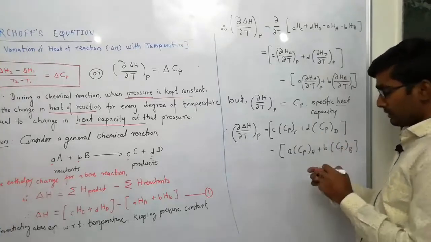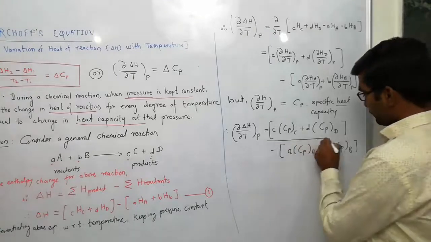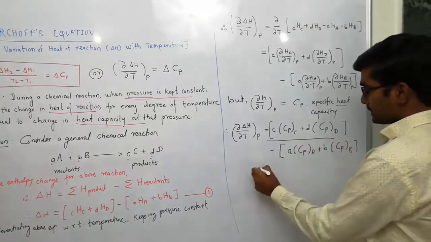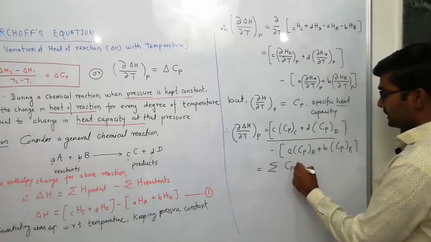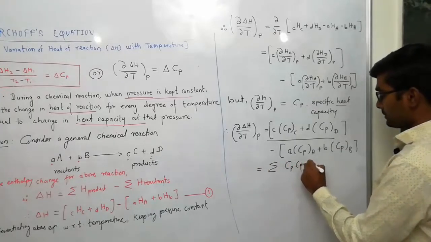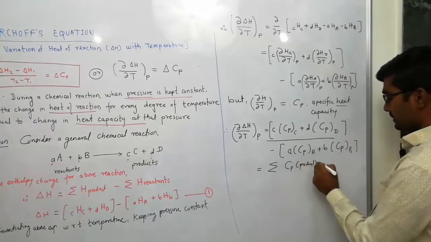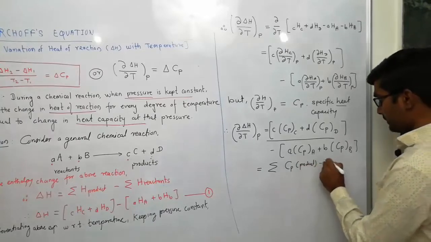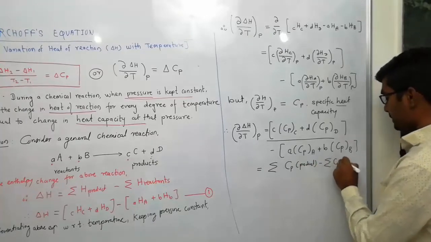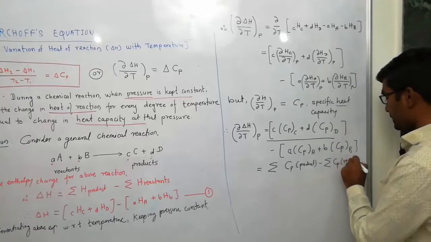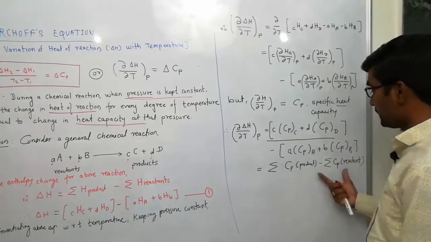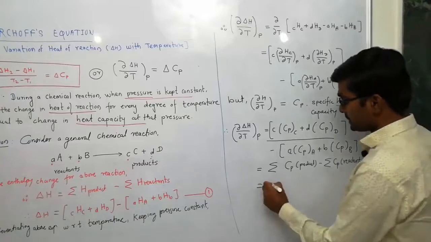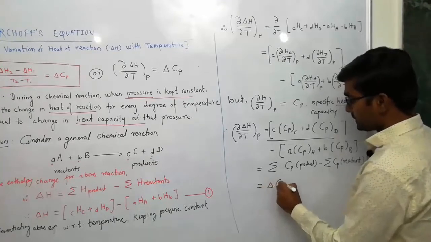Now what is the meaning of this? This is nothing but the summation of specific heat capacity of the products, and the next step will be the summation of specific heat capacity of the reactants, which is nothing but delta Cp.